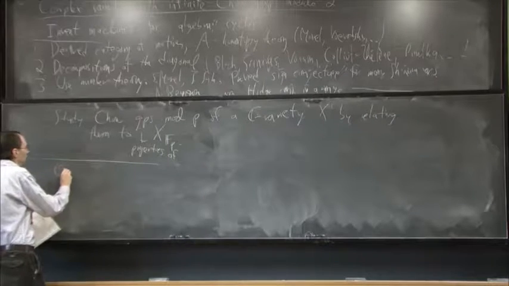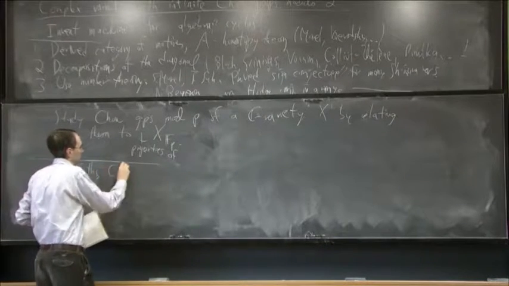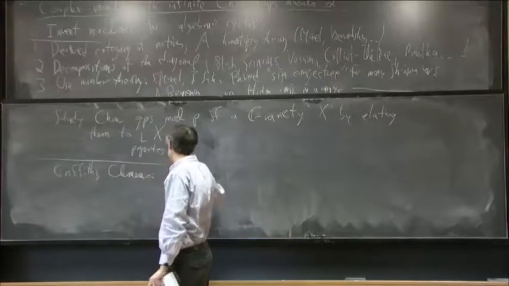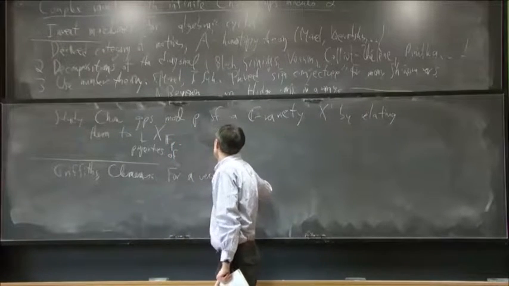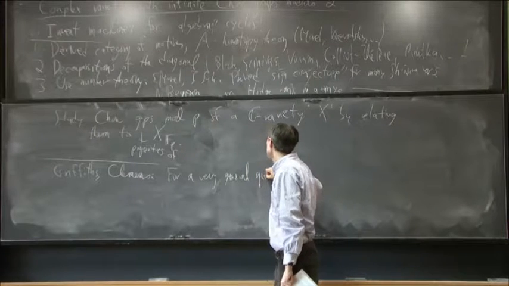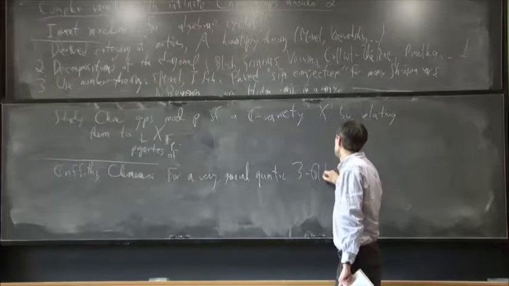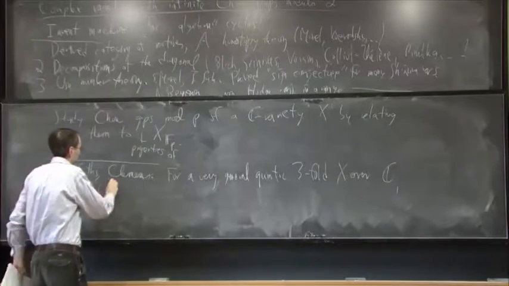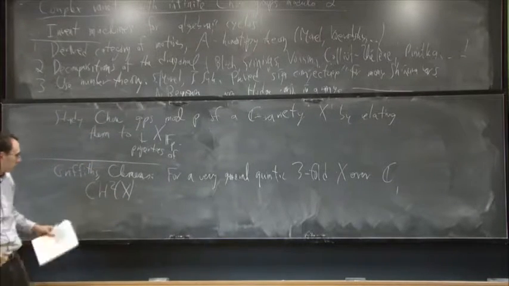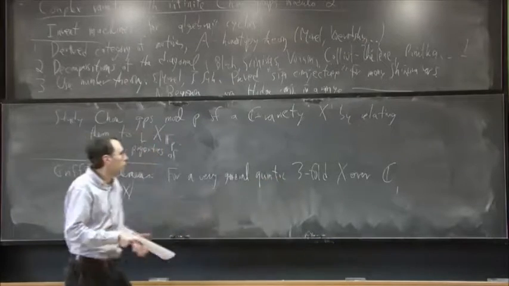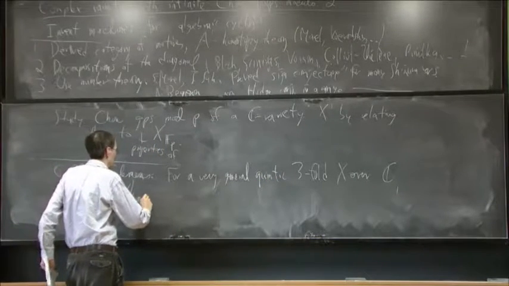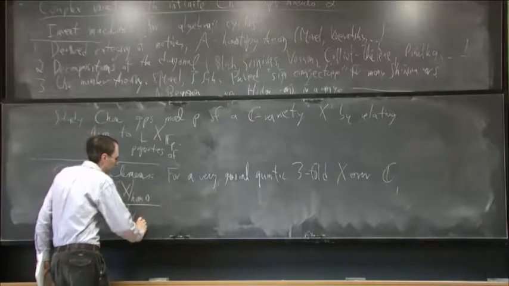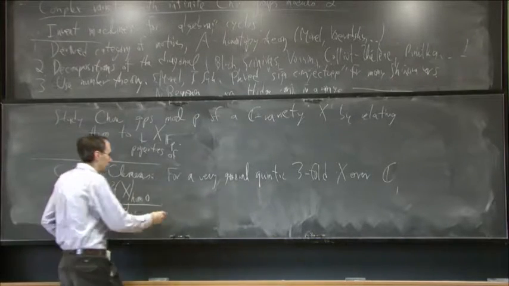So one origin of this sequence of ideas is the result by Griffiths and Clemens that for a very general quintic threefold over the complex numbers, you can look at the Griffiths group, that is, the group of codimension 2 cycles, that is, one-dimensional cycles, that are homologically equivalent to 0, modulo the ones that are algebraically equivalent to 0, the cycles that you can connect to 0 by a continuous family of cycles.